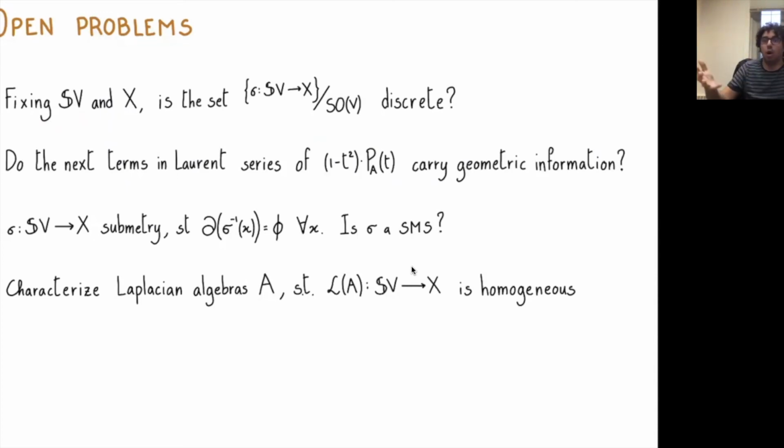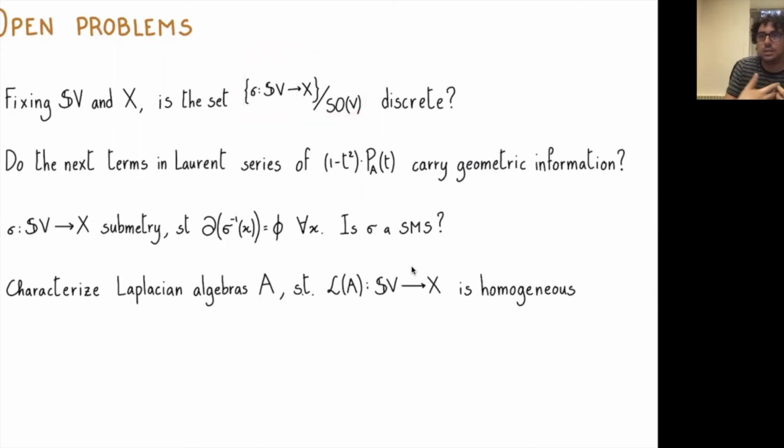So these are the obvious ways you can change a spherical manifold symmetry. But here the question is, up to those obvious rigid deformations, are there other deformations that are not obvious? Or equivalently, the moment you mod out by this group, is this set discrete?